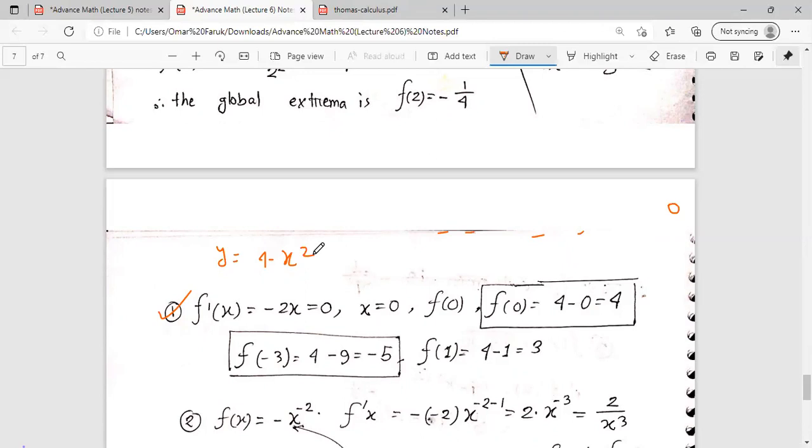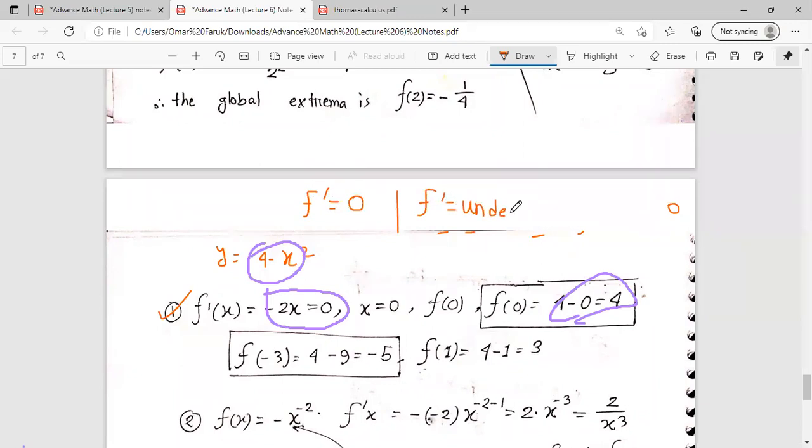Yes, I can see. First we have to differentiate our main function. And second, according to the formula, our critical point is either here or here, right? What if it is undefined?